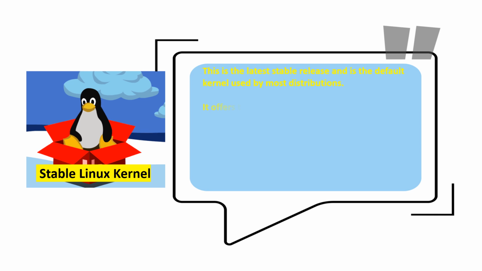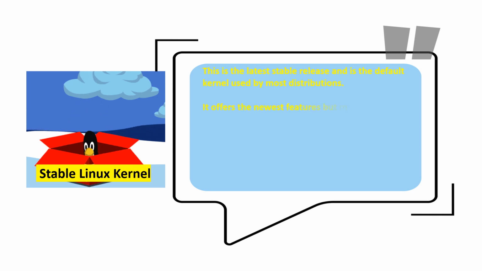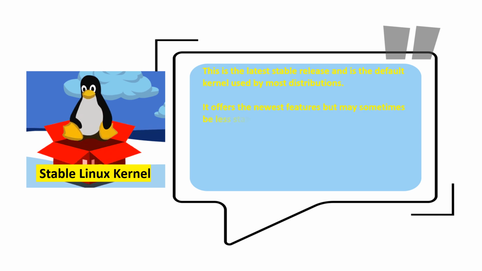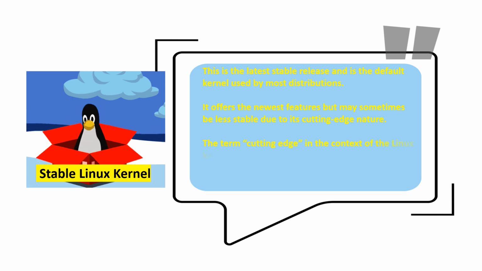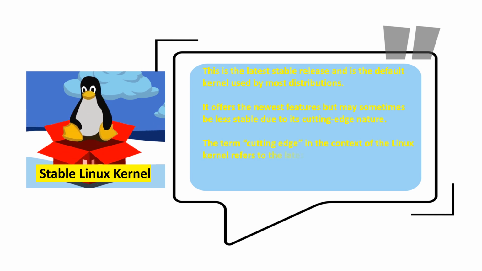The first one is the stable Linux kernel. It is the stable release and is the default kernel used by most Linux distributions, and this offers the newest features but may sometimes be less stable due to its cutting edge nature.